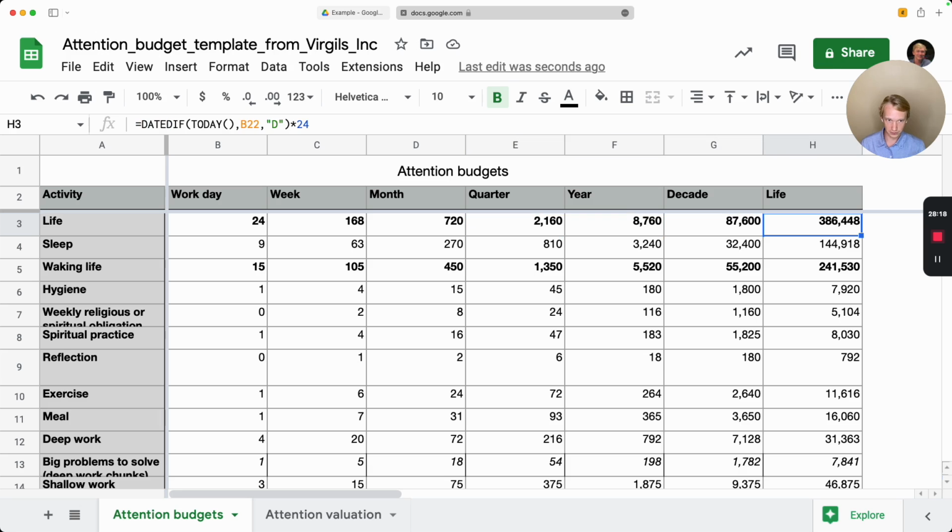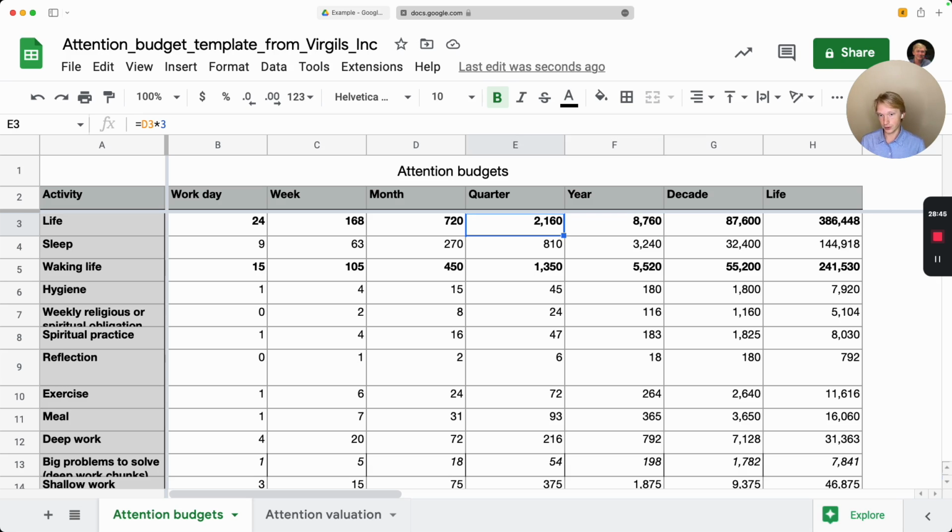Well, if I make it to 75, it's about 386,000 hours that I have left. This is uncertain, so you take it with a massive grain of salt. What's a little more certain is how many hours you have left in the next decade. That's about 87,000. Over the next year, 8,700, or 8,800, I guess.